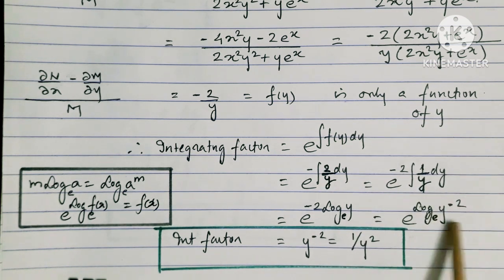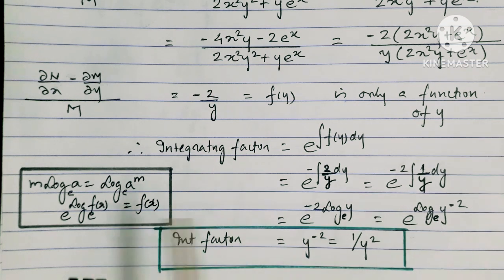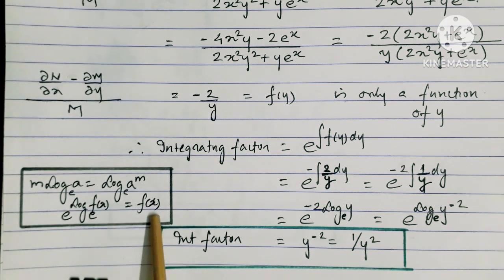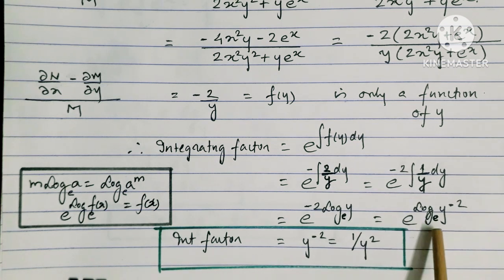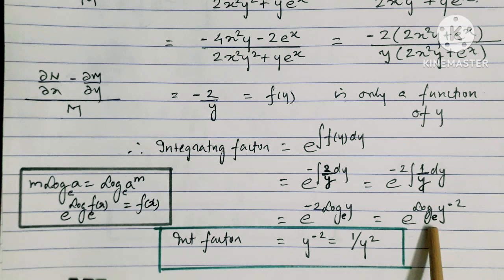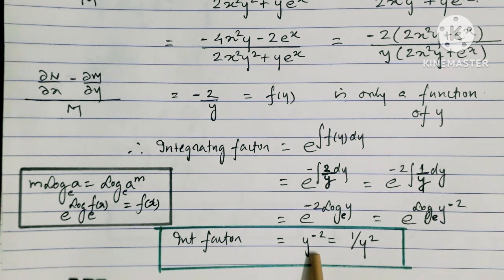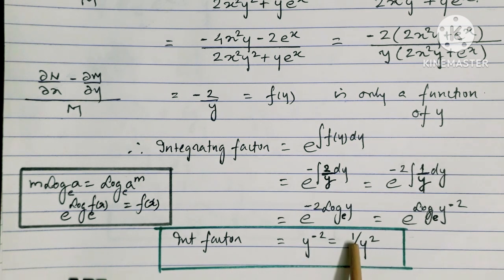Now, we can further simplify this by using the second property of log, which says e raised to log f(x) to the base e is equal to f(x). Hence, we can now write this integrating factor as y raised to minus 2, which is equal to 1/y². Hence, the integrating factor is equal to 1/y².